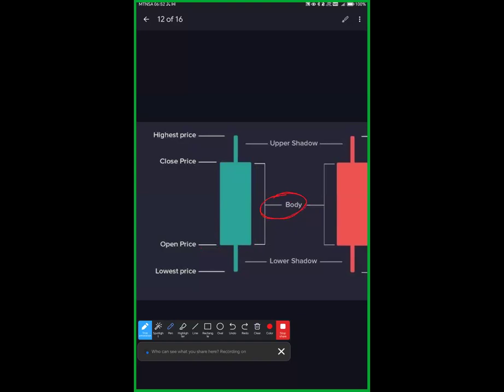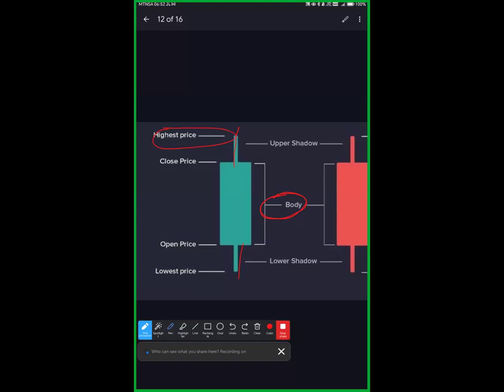Now, when this is happening, I said that whenever a price has been opened, it can go high up or it can go lower down. So in the process of doing that, it is going to show you how far the price went in terms of rising, which we call the highest price point.